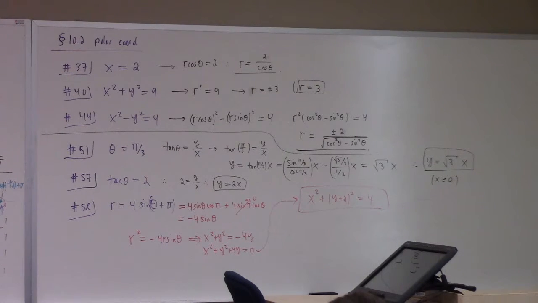We have r squared equals minus r cosine theta, which is x squared plus y squared equals minus x, which is x squared plus x plus y squared equals 0, which is x plus 1/2 quantity squared plus y squared equals 1/4. That's a circle centered at minus 1/2, 0. So that circle is centered here. That's this one. So you can see geometrically we're looking for two intersection points, right?